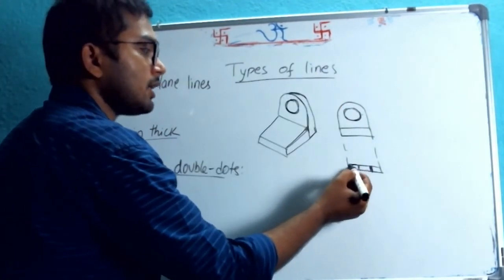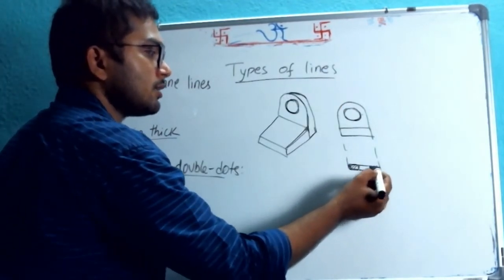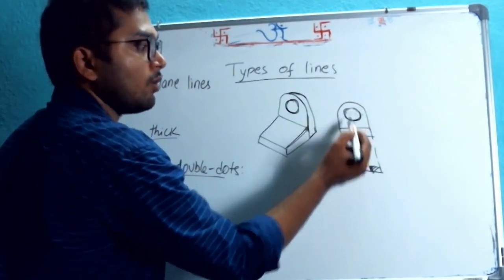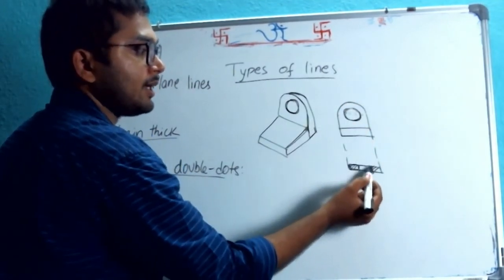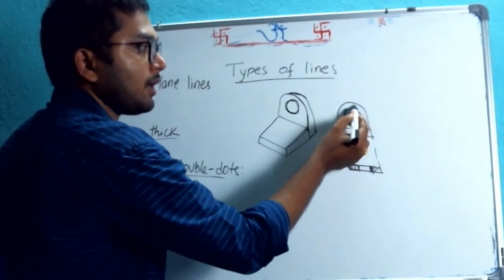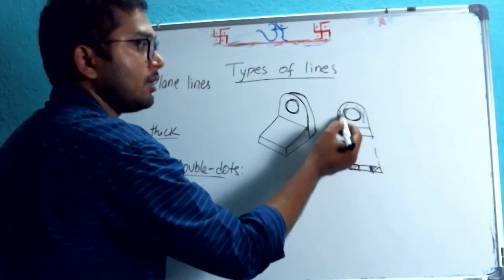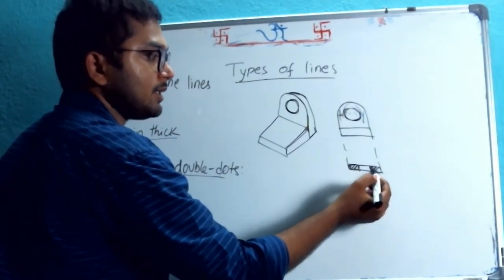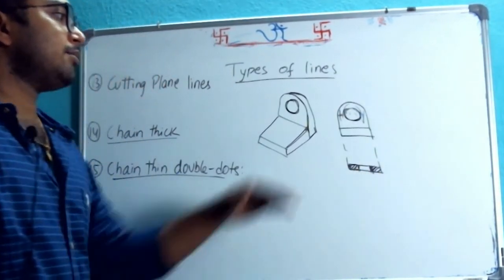And now these are sections. Because the material here, this is hollow. This part is hollow. That's why I have kept it as it is. But in this part, this total thing is filled with material. So wherever there is material, it should be represented by section like that, because of cutting them.